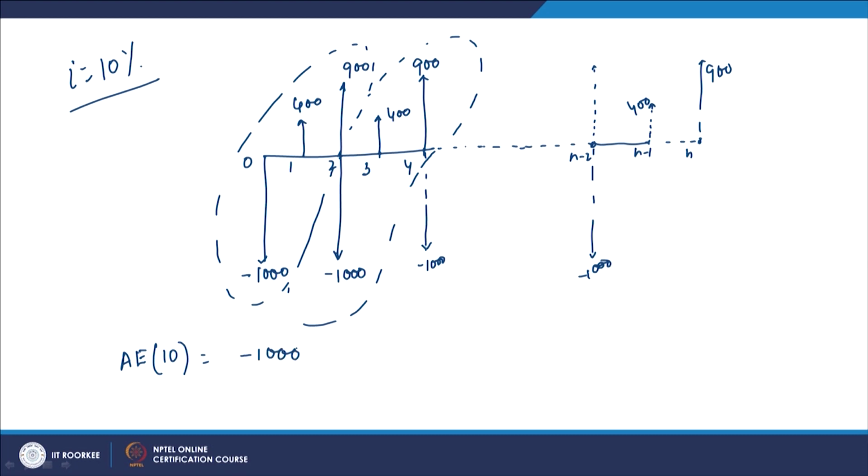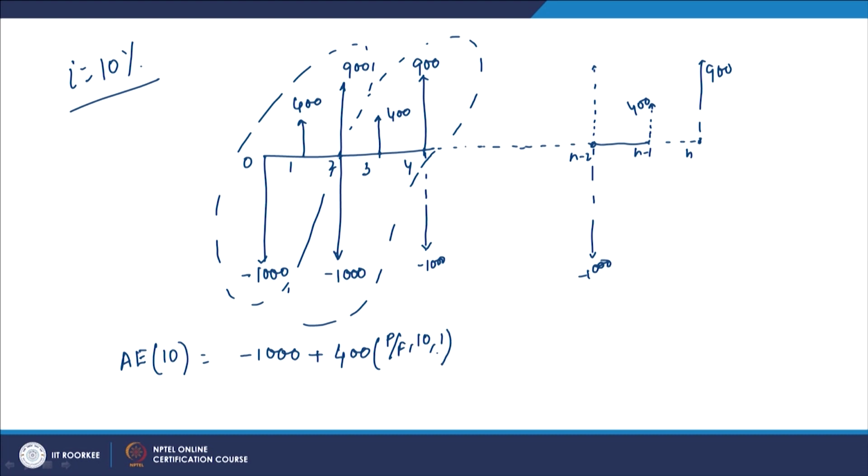Now, this 400 is to be multiplied with P by F, because its equivalent value is to be found at time 0. So, this 400 will be multiplied with P by F 10 1.